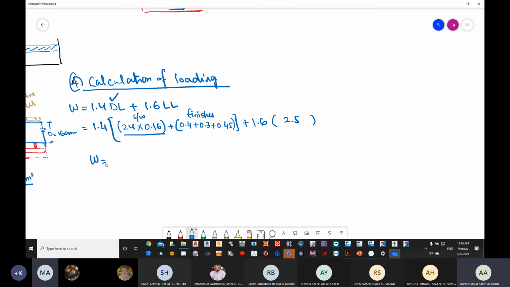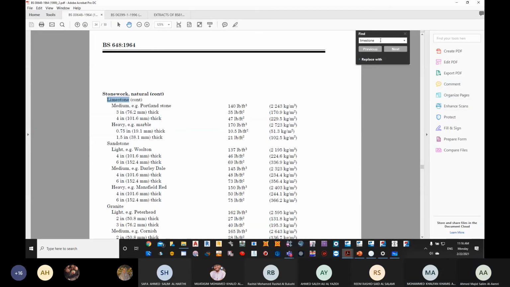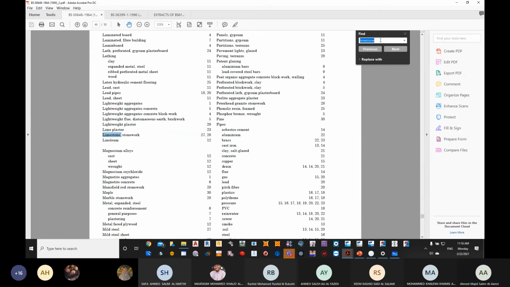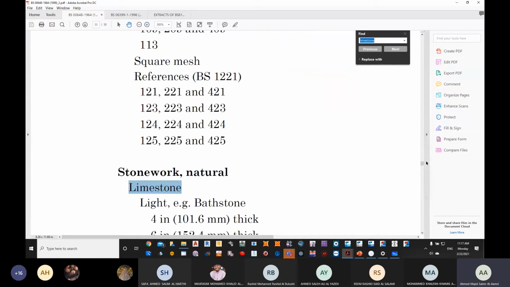Could you repeat, please, where you get 0.45 from? 0.45, once again, is related to limestone. So go and search for limestone. For limestone, there are three options. There is light, which is used normally for bathrooms.